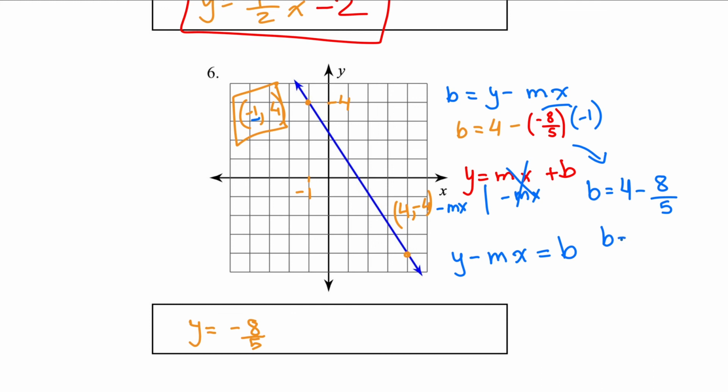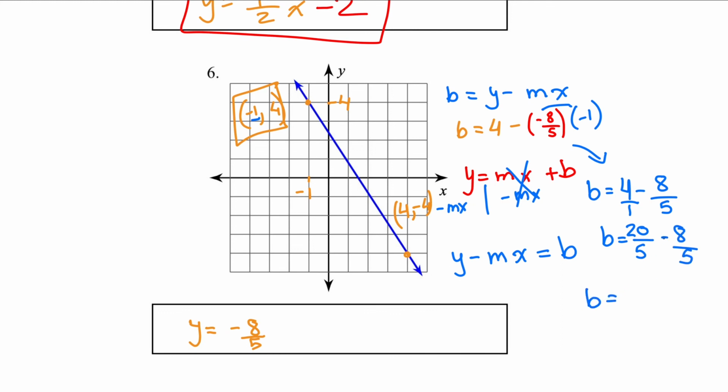And 4 minus 8/5, you could do that in the calculator, or you can convert 4 into a fraction that is over 5. So we can multiply 4/1, both of these by 5. So 1 times 5 is 5, 4 times 5 is 20. So 4/1 is the same as 20/5 minus 8/5.